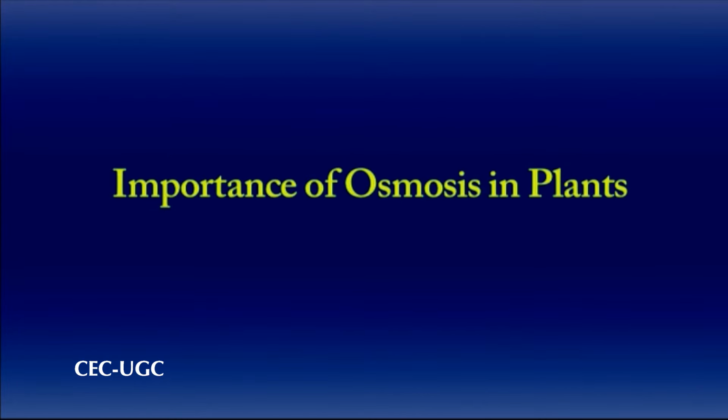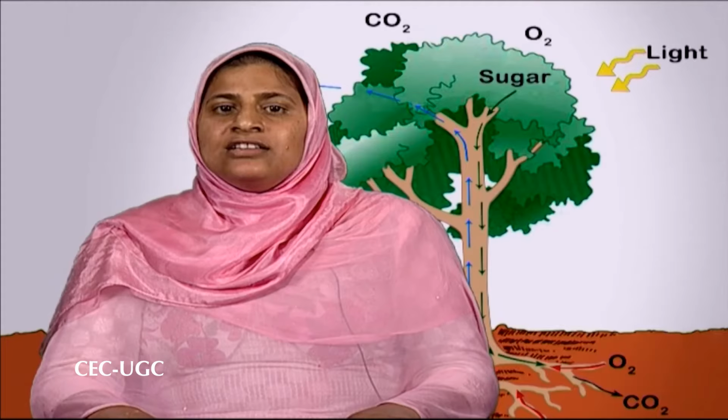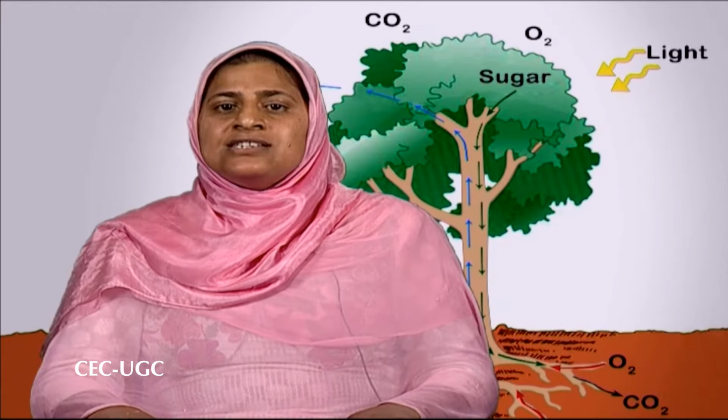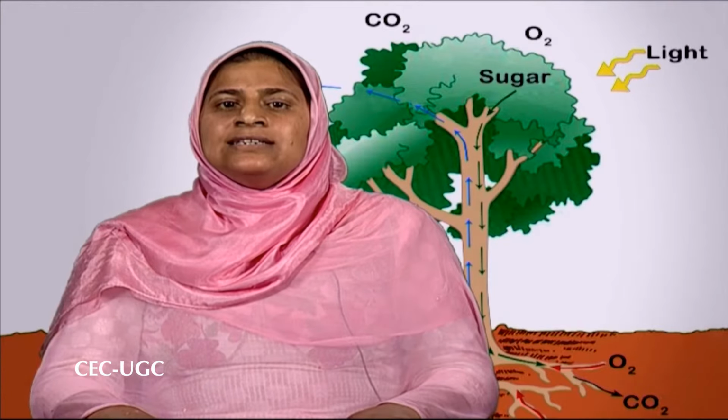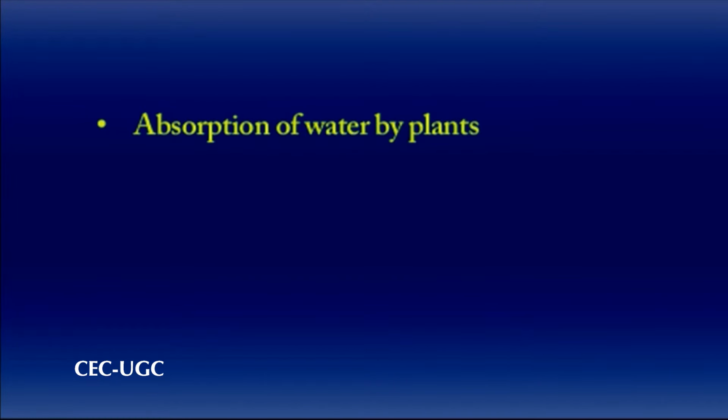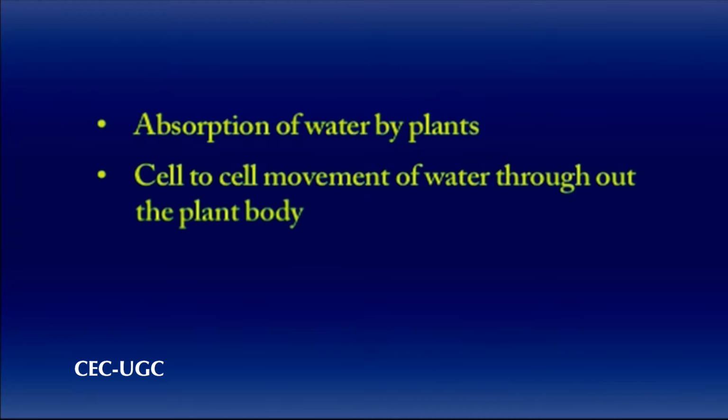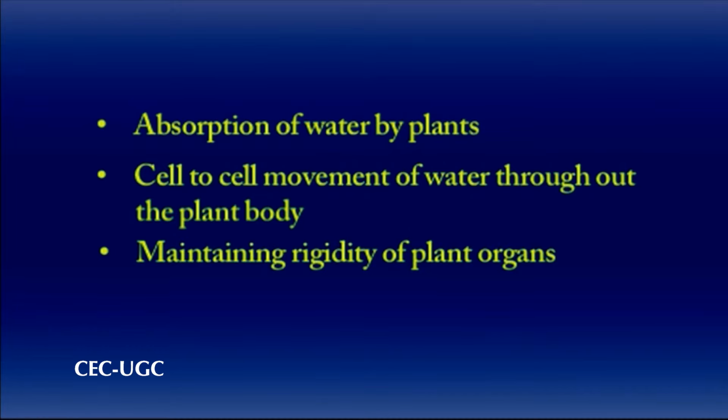Now, let us talk about the importance of osmosis in plants. The phenomenon of osmosis is important in the absorption of water by plants. It is also important in cell-to-cell movement of water throughout the plant body. The rigidity of plant organs, that is the shape and form of organisms, is maintained through osmosis.